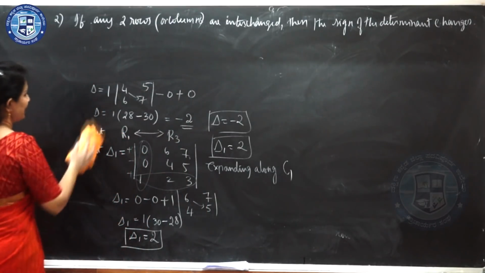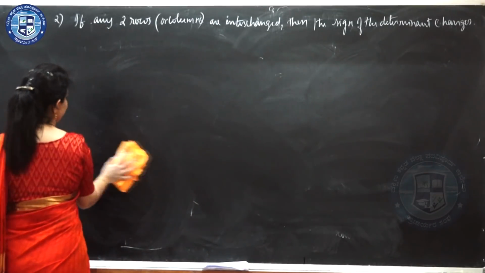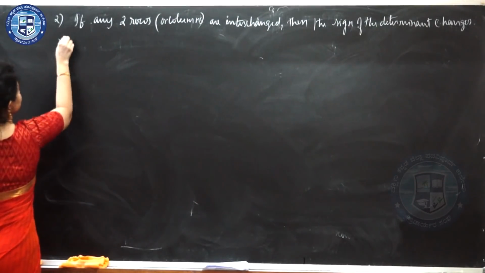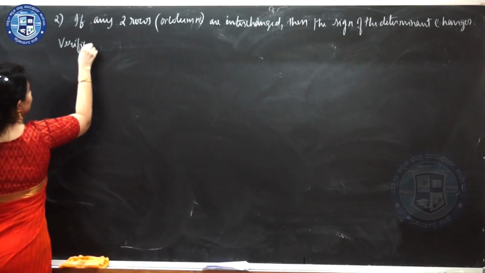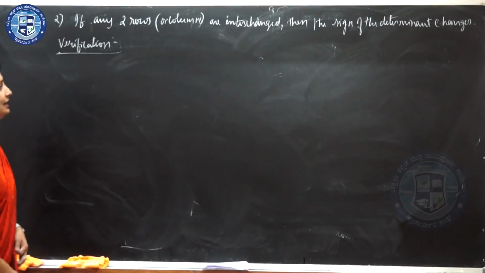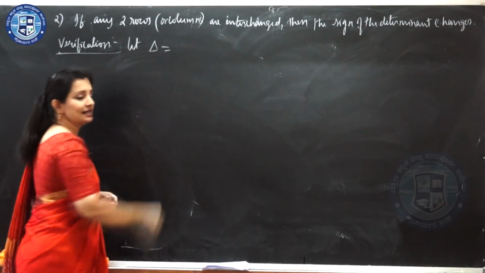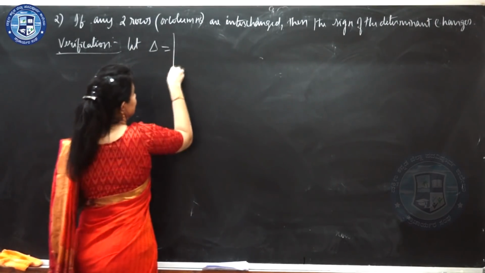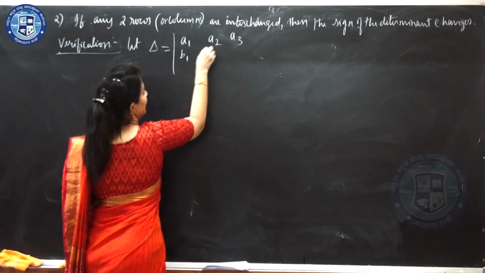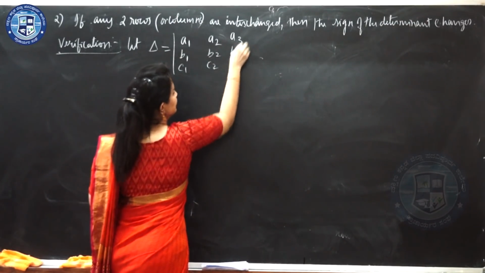Okay, we will verify this taking the same way how we verified the previous property. Verification. Now, let us assume the given determinant as the same way A1, A2, A3, B1, B2, B3, C1, C2, C3.